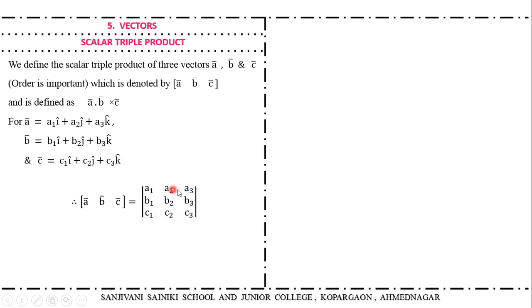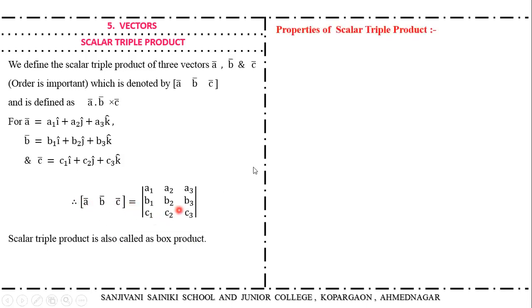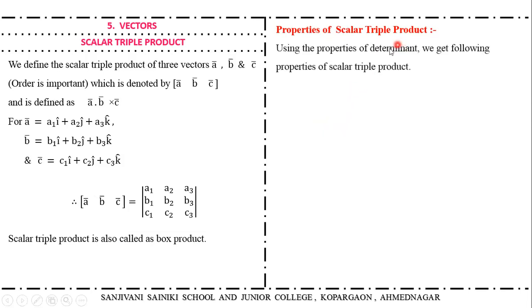The first row is the components of the first vector a bar, the second row b1, b2, b3 are the components of the second vector b bar, and c1, c2, c3 are the components of the vector c bar. This is also called a box product.